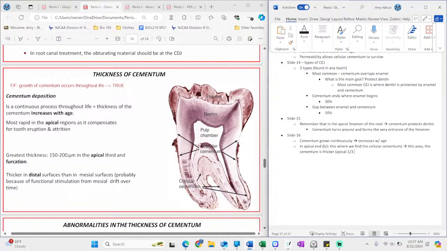So you have to be able to say in which area of the root you expect to find acellular versus cellular cementum.